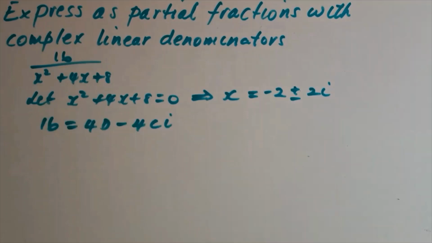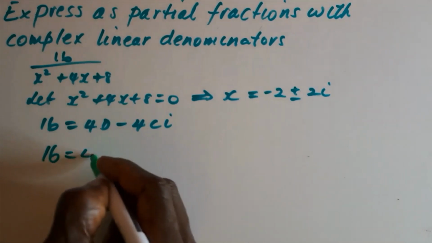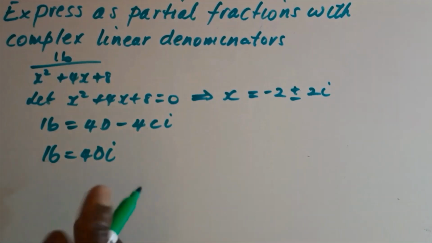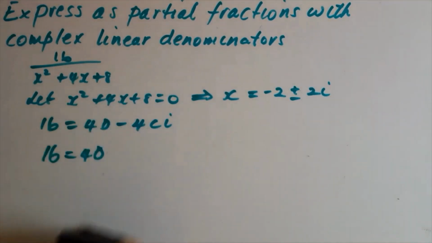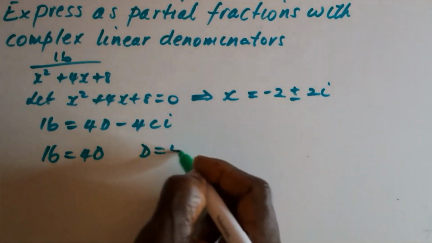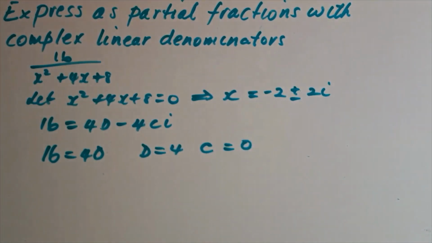So this is the last line we're left with, 16 equals 4d minus 4ci. If we equate the real parts to the imaginary parts, we have that 16 is equal to 4d. There's no imaginary part, so c is 0. So d must be equal to 4, so we have d is equal to 4 and c is equal to 0.